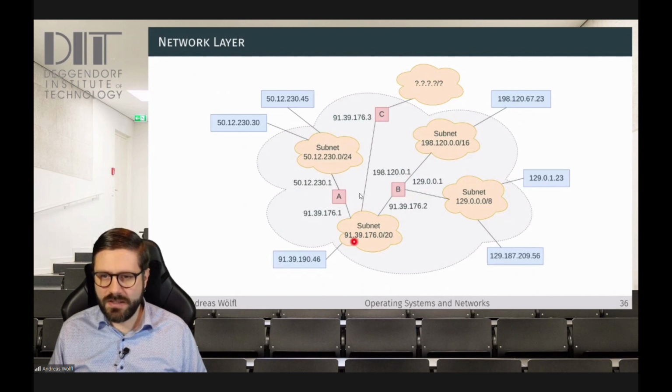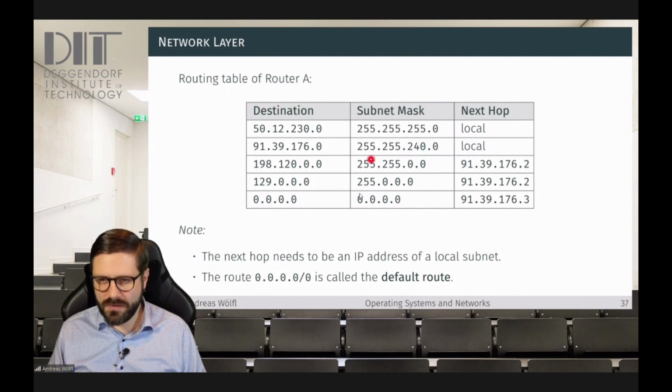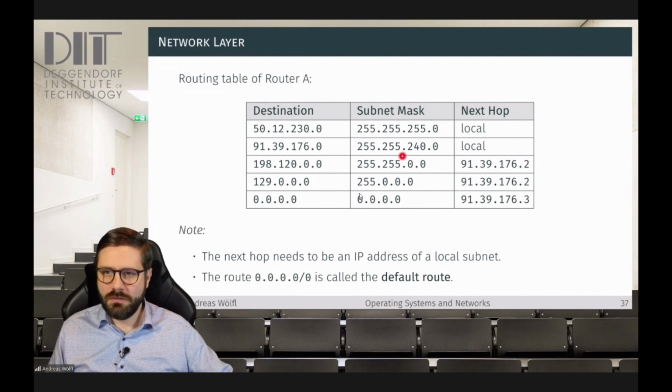The same with the 91.39.176.0/20. 20 means we have 20 ones in the subnet mask. So the first octet is all ones, the second octet is all ones, which gives 16 in the first 2 octets. If the prefix is /20, the remaining number of ones is 4, and the rest of the 32 bits is 0.